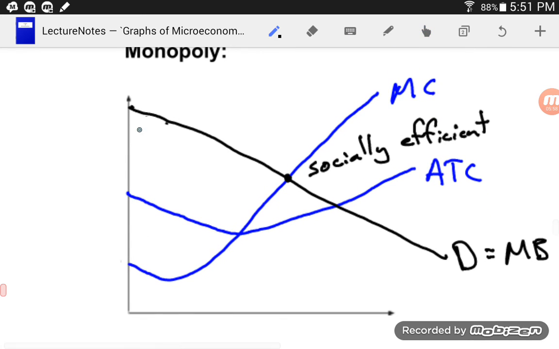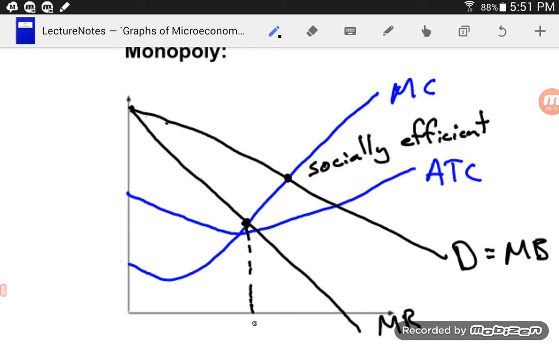There's a couple things that I want to point out about this marginal revenue curve. So we'll call this marginal revenue. Now I've got a point where marginal revenue equals marginal cost. So this is the quantity that the monopoly, I'll call it Q sub M, is actually going to produce.